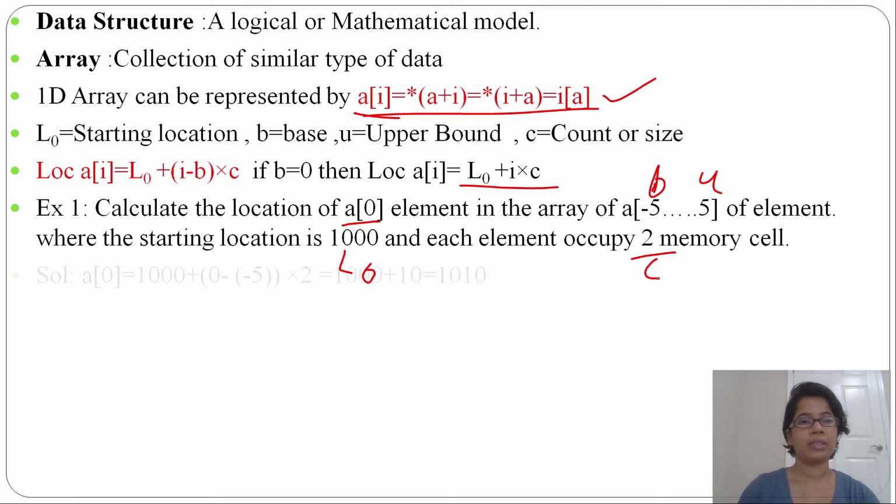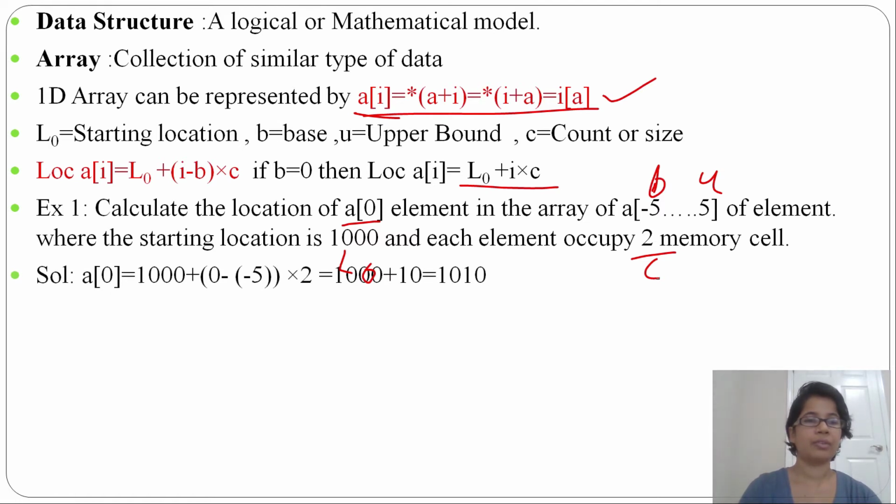So let's solve this. Just use the formula. The location is the base 1000 plus (0 minus (-5)) multiplied by 2, so that will be 1000 + 10, so it is 1010.